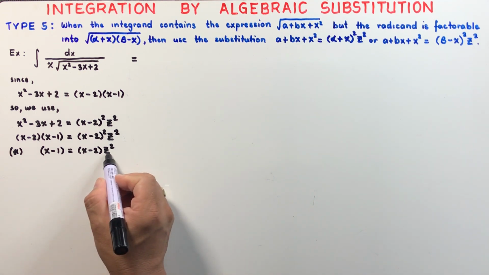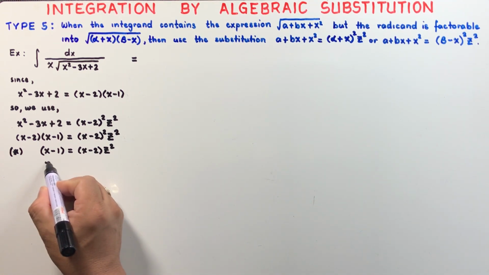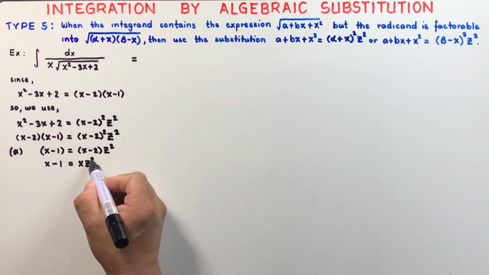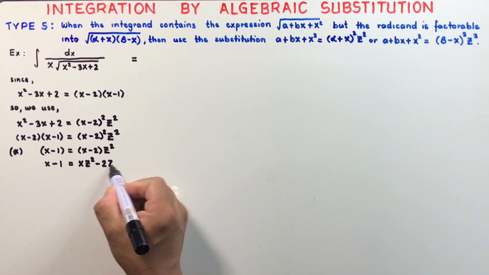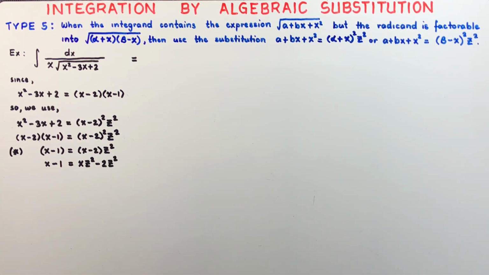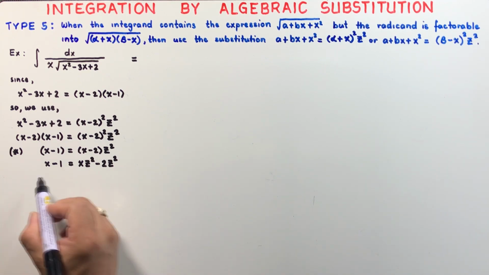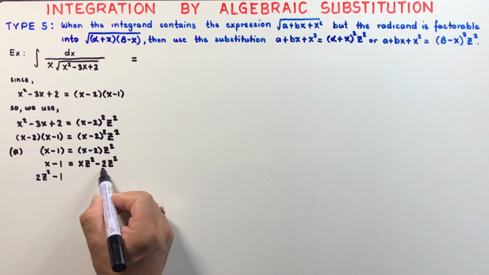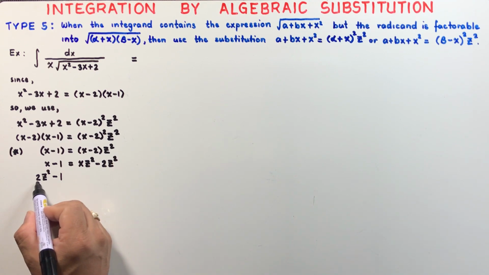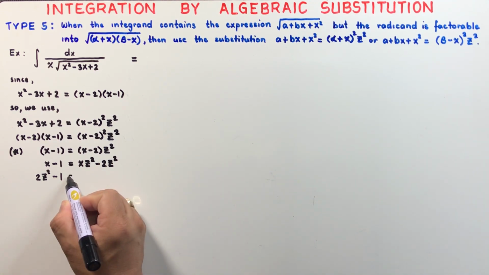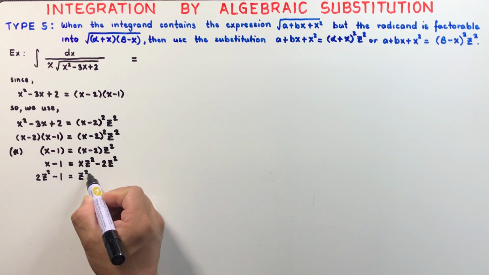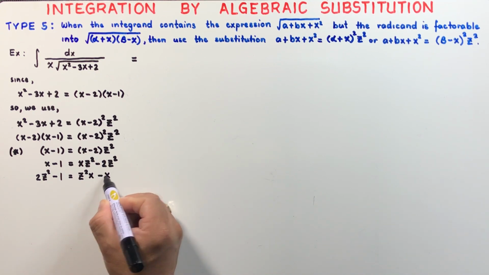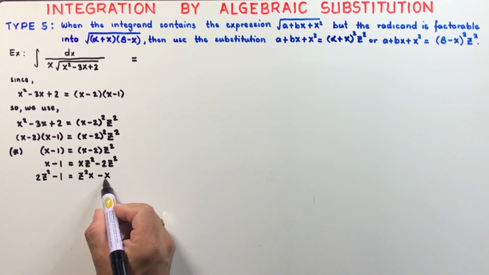And distributing the z squared to this binomial here, we have x minus 1 is equal to x times z squared minus 2 times z squared. And grouping all the terms having x's to the right, we have 2z squared minus 1, because this term is negative at the right, becomes positive at the left. And this is equal to z squared x, this one, so I just write z squared first, minus x, because the positive x at the left becomes negative x at the right.